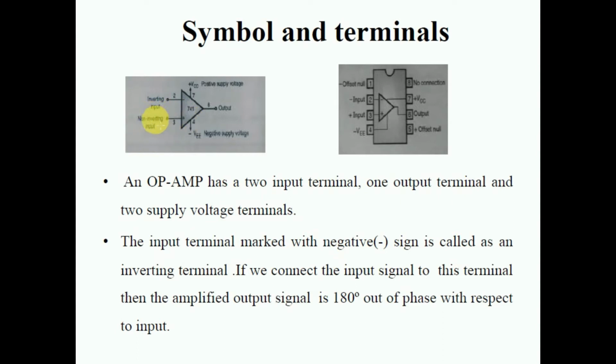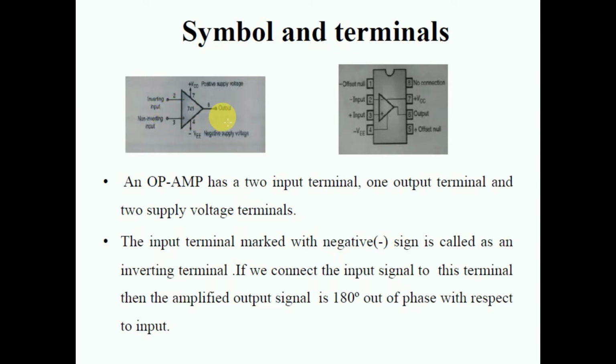If you apply the input on this terminal, it will show the same output as the input. But what is the difference of using this and not using this? That is amplification. We can see the amplification in both cases at the output terminals.